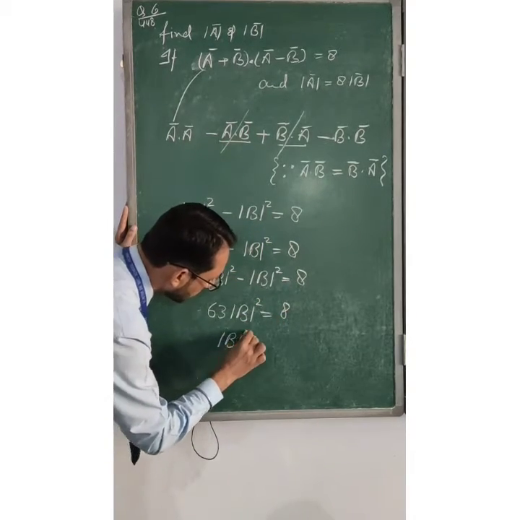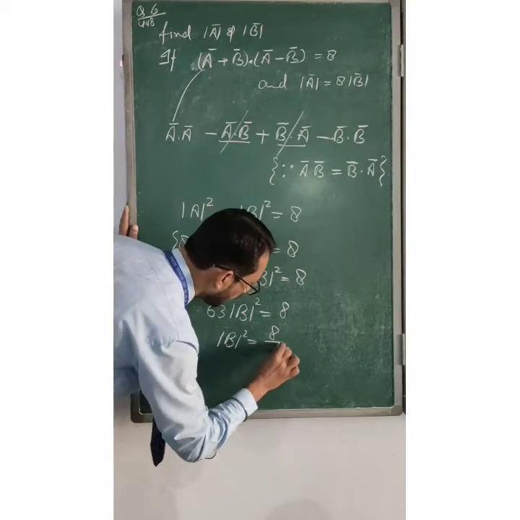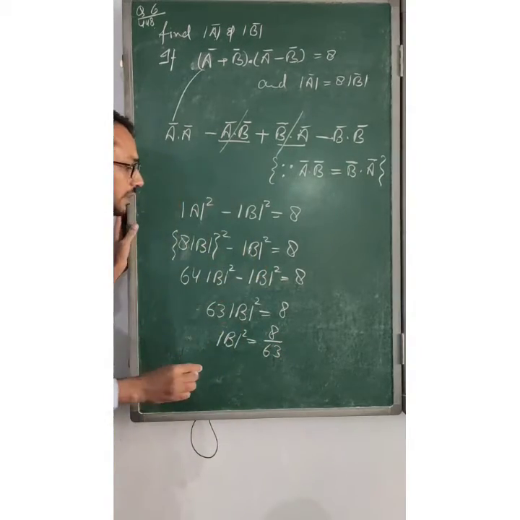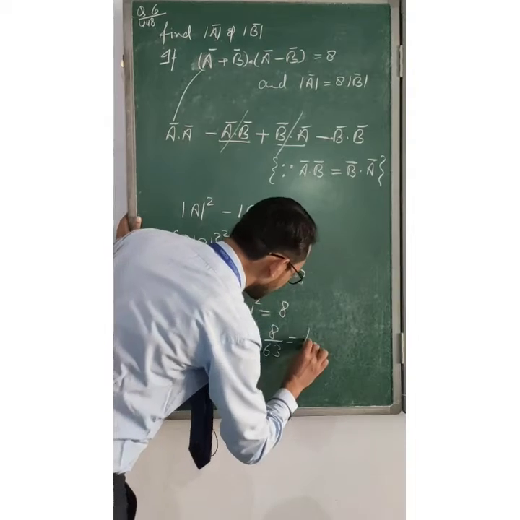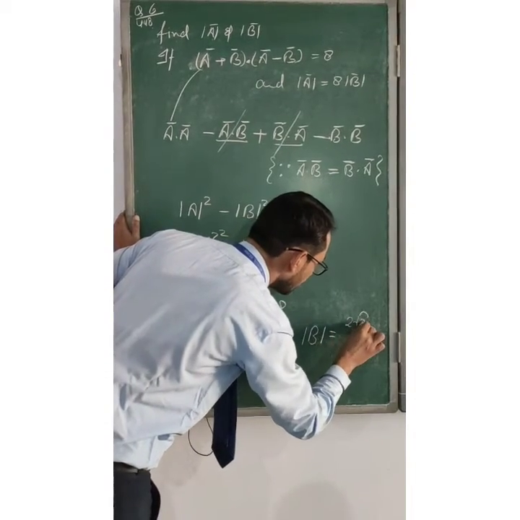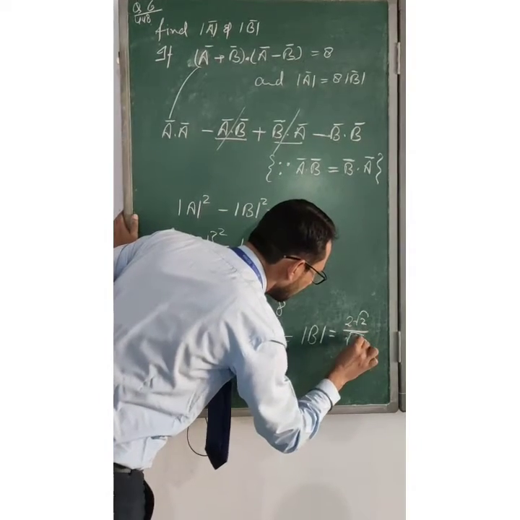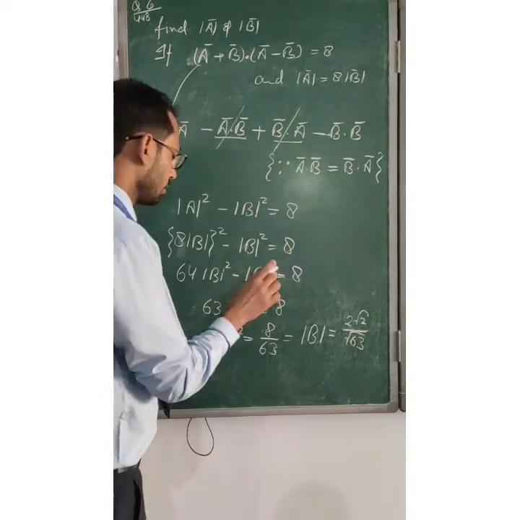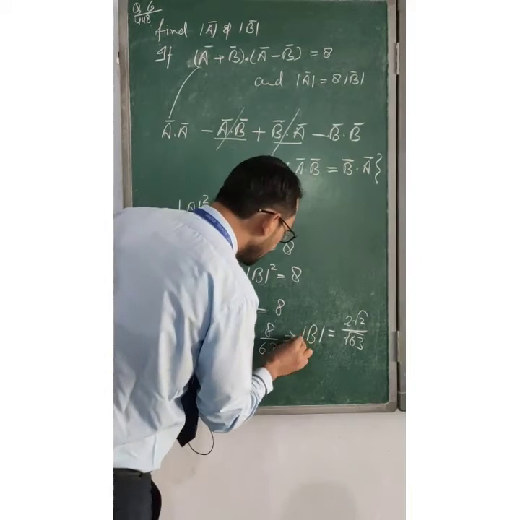Mod B square is equal to 8 upon 63. I could also write mod B is equal to 2 root 2 upon square root of 63. So this is the value of mod B.